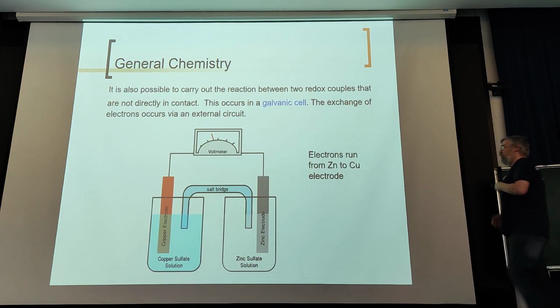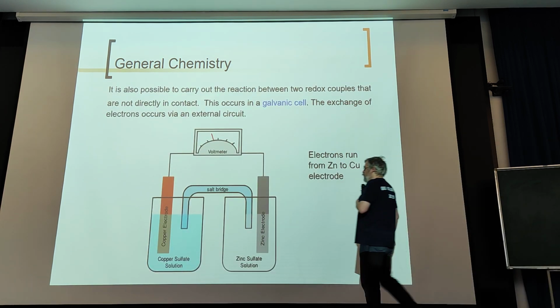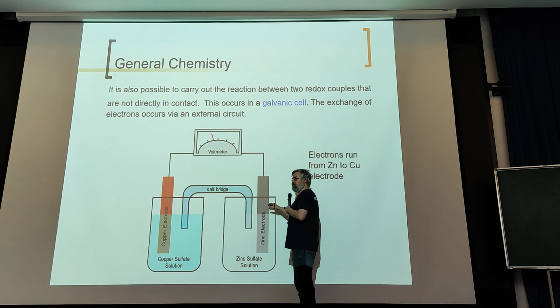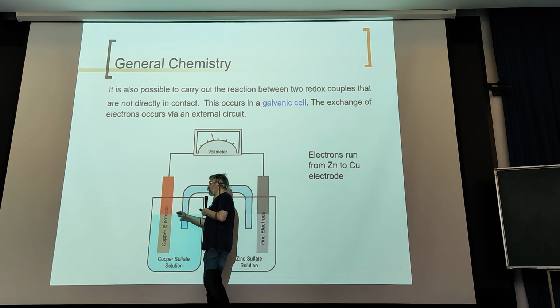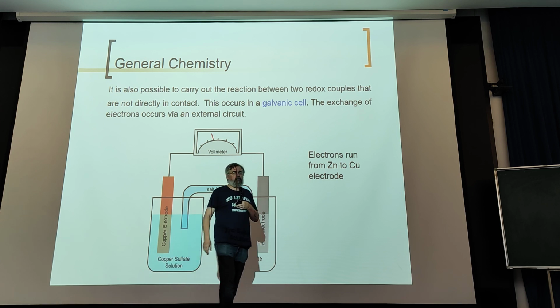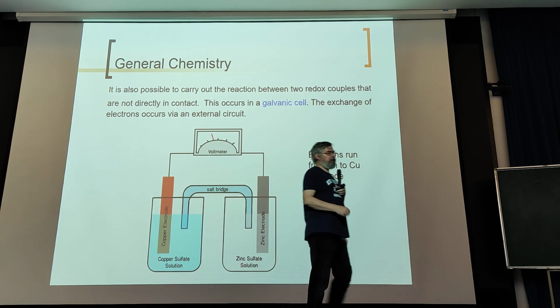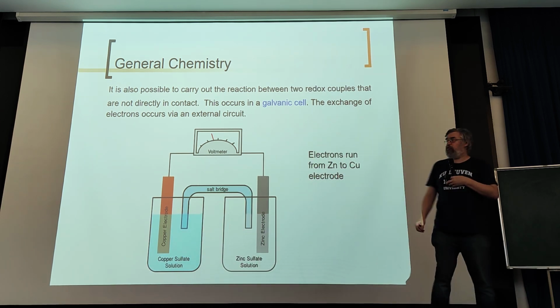So the zinc is on this side. There's a zinc electrode, a strip of zinc which conducts electrons. And there's a copper sulfate solution in which we have a copper wire, and the two are connected.